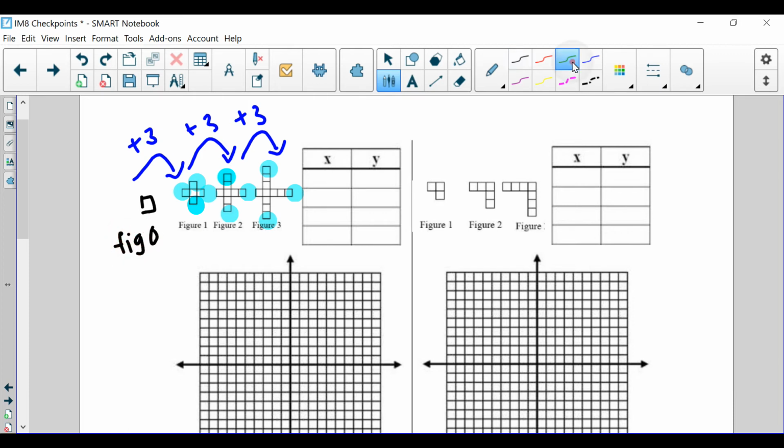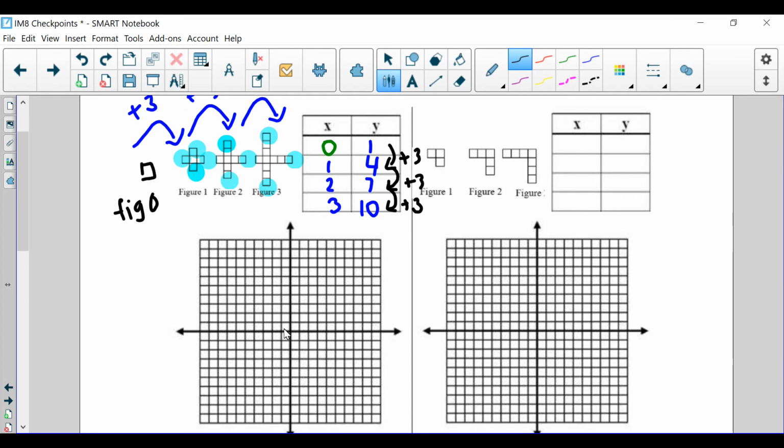Figure 1 has 4 tiles. Figure 2 has 7 tiles, and figure 3 has 10 tiles. What's happening is you're going to notice the growth was 3, just like we mentioned earlier.